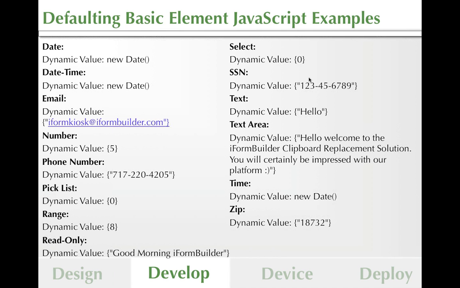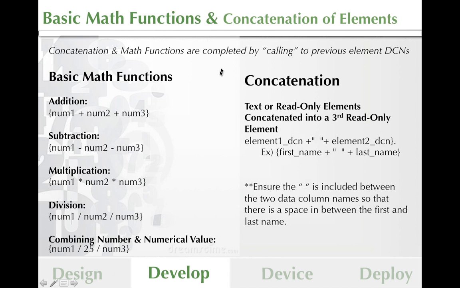So that's where I just did the data column name equals 0, or you can also use the squiggly brackets. If you wanted it to always equal another number or a specific text, this works the same way. The other option is if you want to default an element or a widget to not show until text has been placed, then you can just say whatever that text element is, dot length, and go from there.